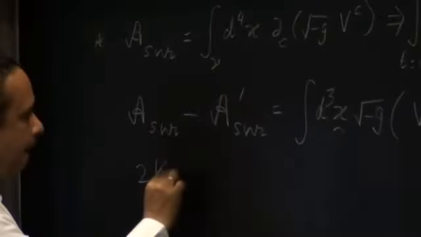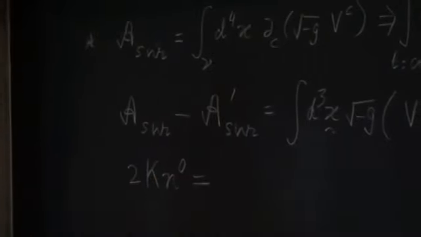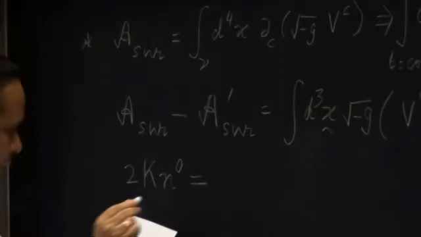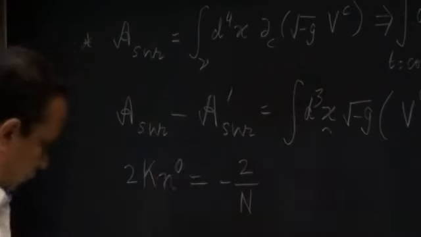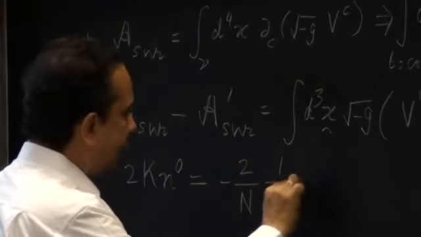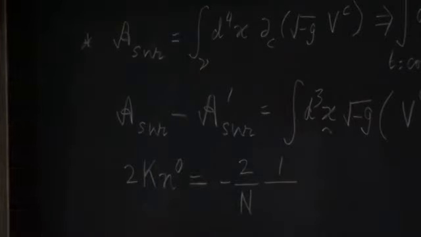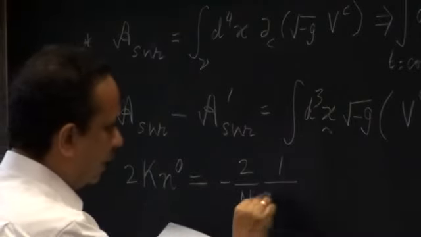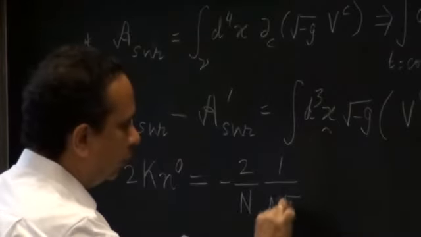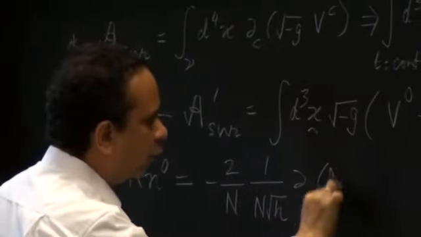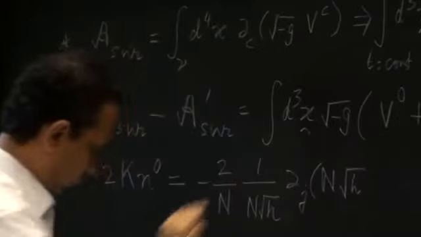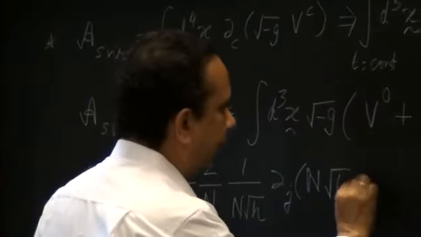Then you have the next term which we want, which is the 2k n0. So that is 2k n0. This is going to be minus 2 over n times the k's definition, which is divergence of ni, which is n root h dj of n root h times n superscript a.